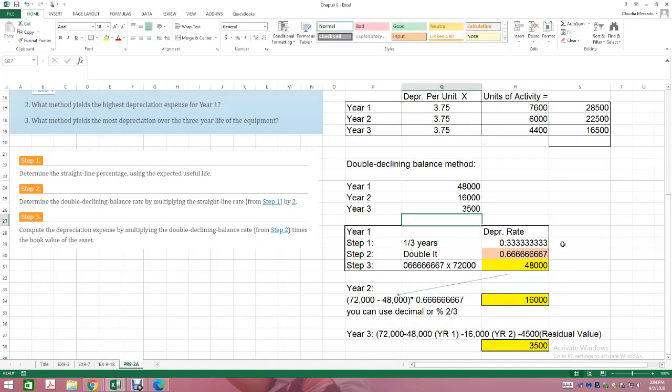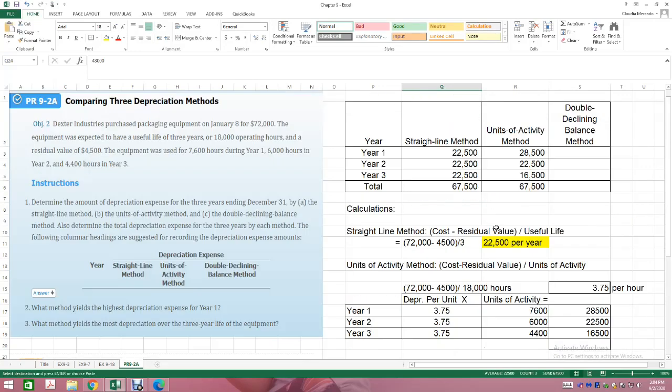So if you notice, an extremely large amount of depreciation in year number 1. Year number 2, 16,000. Year number 3, very low at 3,500. So I'm going to copy these 3 numbers and paste them over here. Now I've completed my table. I've got all of my calculations down here. This is my straight line, 22,500.